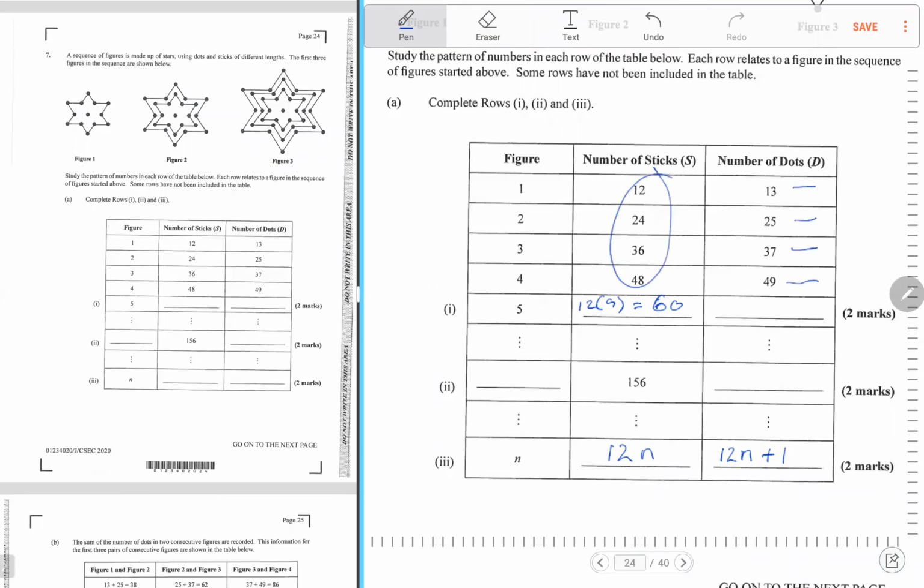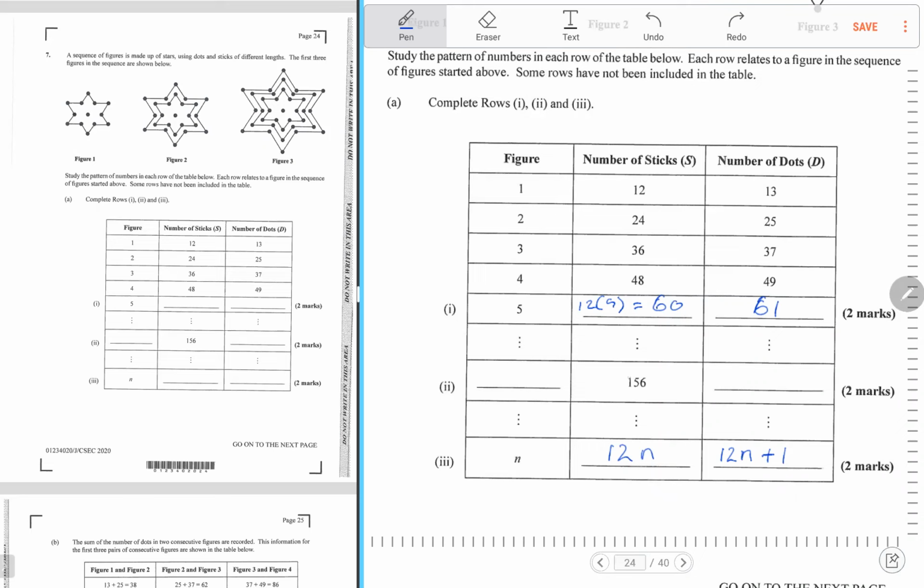So this one clearly is 61, because it will be 12n plus 1. It means you add 1 to get this. So once you observe those, complete the table. They don't necessarily want a lot of working out. Just complete the table.